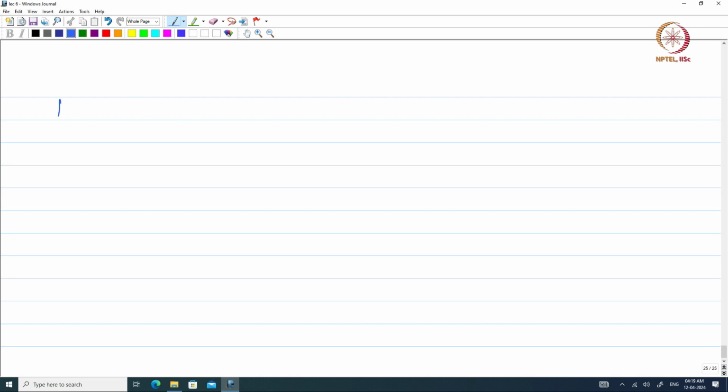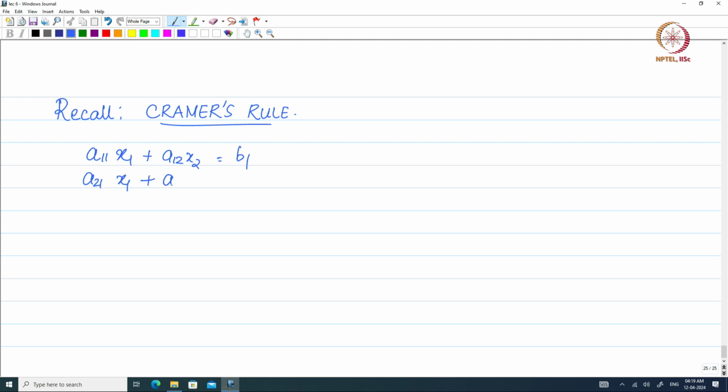Recall Cramer's rule that we studied in module 2. Suppose I had A11 x1 plus A12 x2 is equal to B1, and A21 x1 plus A22 x2 is equal to B2.